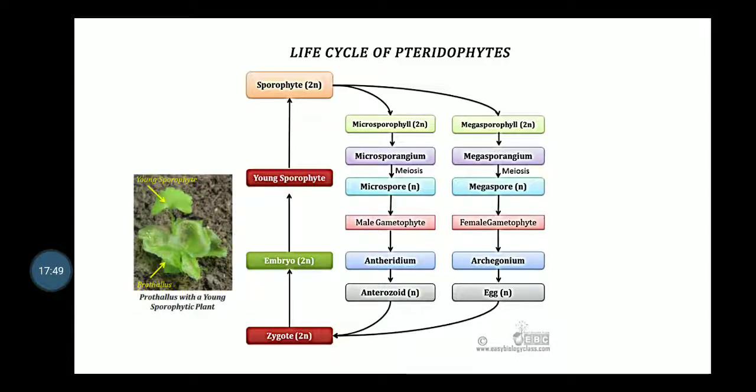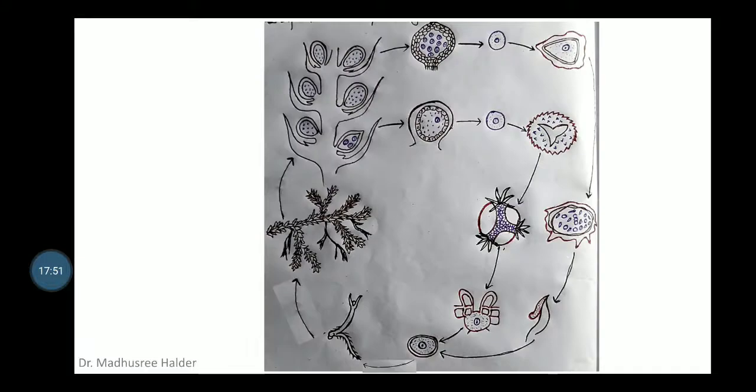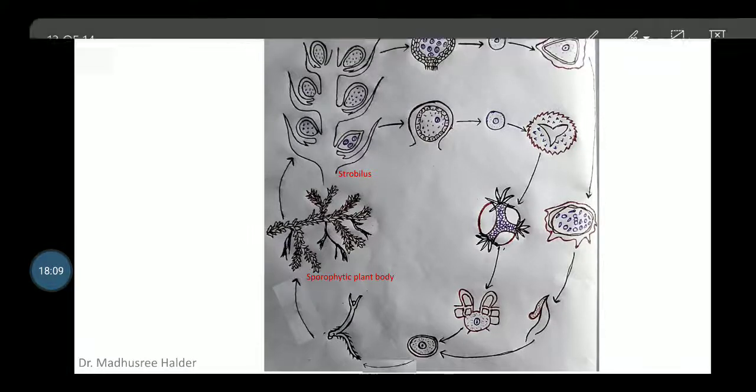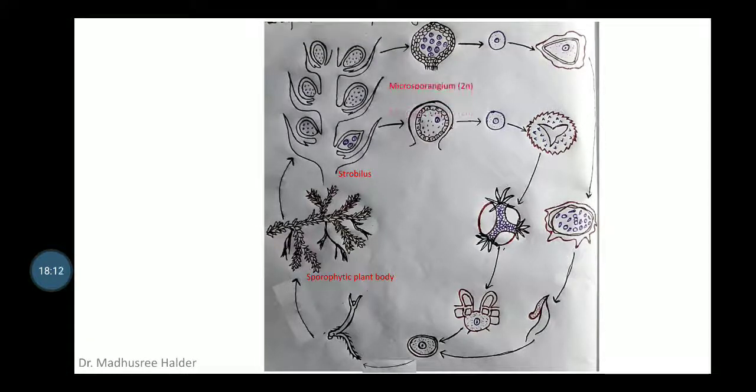Now come to the life cycle of Selaginella. That is the sporophytic plant body of Selaginella, with the strobilus, which bears both mega and microsporangia with mega and microspores. The microsporangium is 2n, or diploid, and the megasporangium, which bears megaspores, is also diploid.